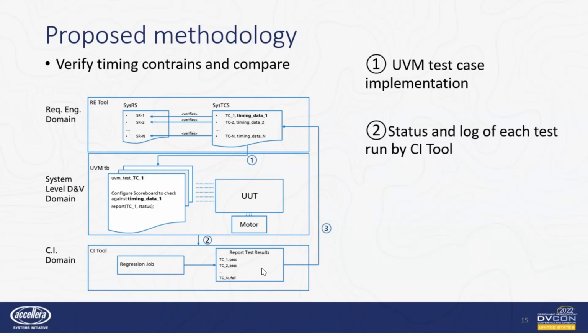Finally, the pass-fail results are sent back to the requirements engineering tool. When a test of a regression fails, it is marked as such in the requirements engineering tool, and a defect or issue or bug must be created and linked to the system test case. This allows to have a complete and traceable status of the project inside the same tool.